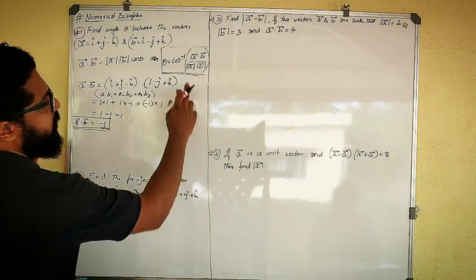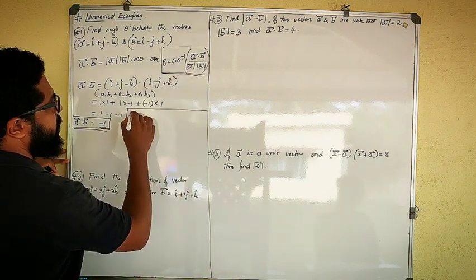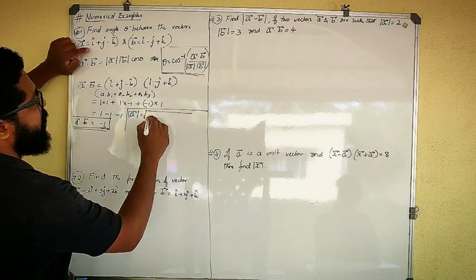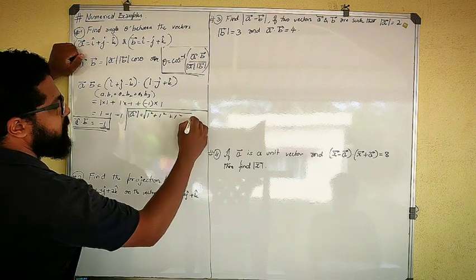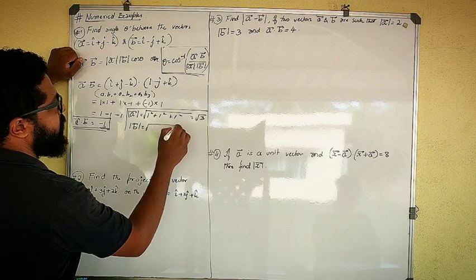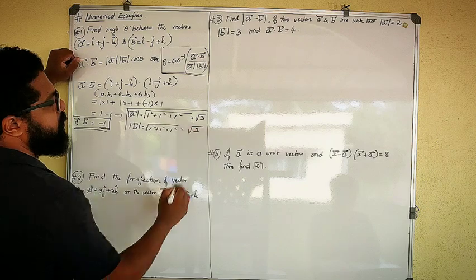Then again I need magnitude of A and magnitude of B. So let me do it here. Magnitude of A is simply the square root of 1 square plus 1 square plus 1 square, which is root 3. Magnitude of B is also the same thing, 1 square, 1 square, 1 square, which is equal to root 3.